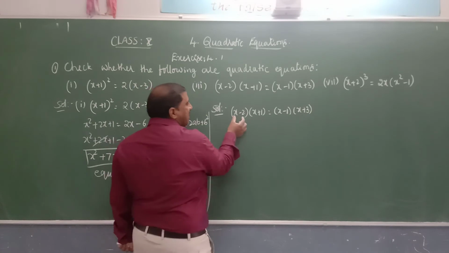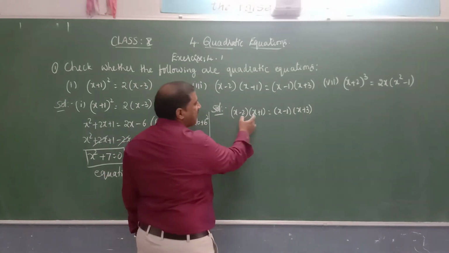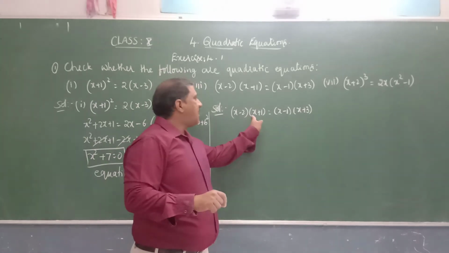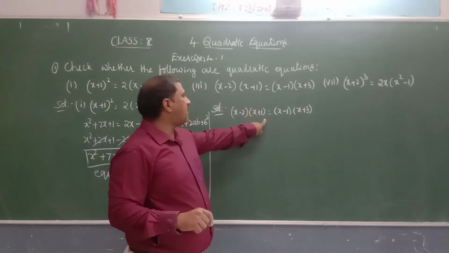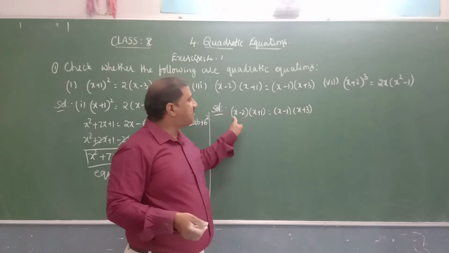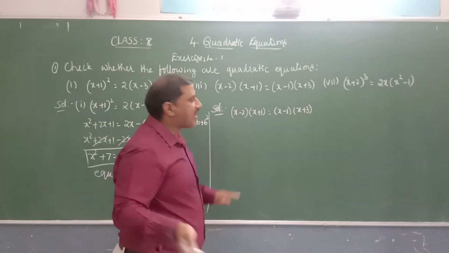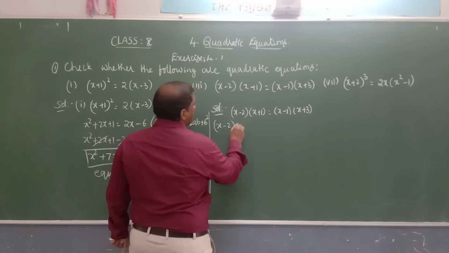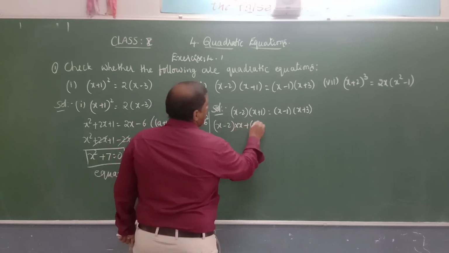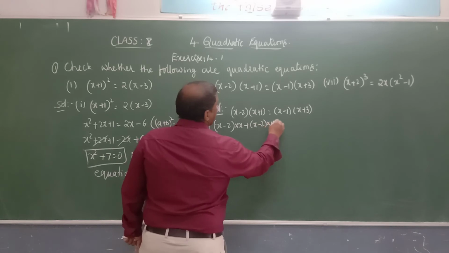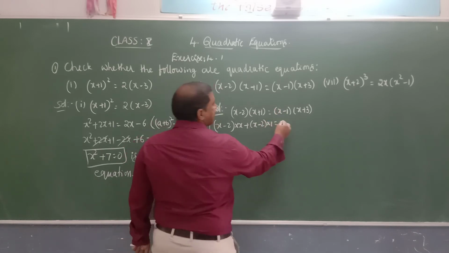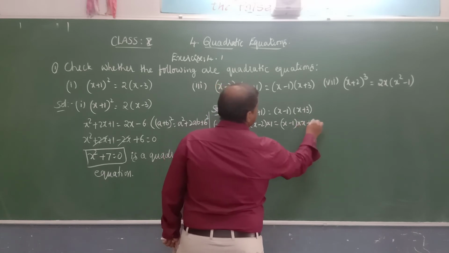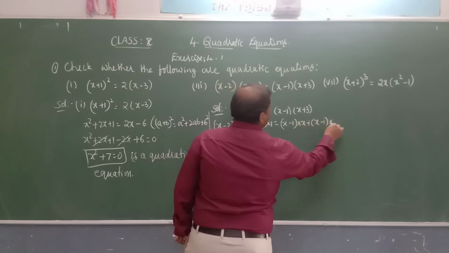Multiply each and every term of the first binomial with each and every term of the second binomial, or multiply each and every term of the second binomial with each and every term of the first binomial. So we can multiply in any way. That is x minus 2 into x plus x minus 2 into 1, that is equals to, this is x minus 1 into x plus x minus 1 into 3.